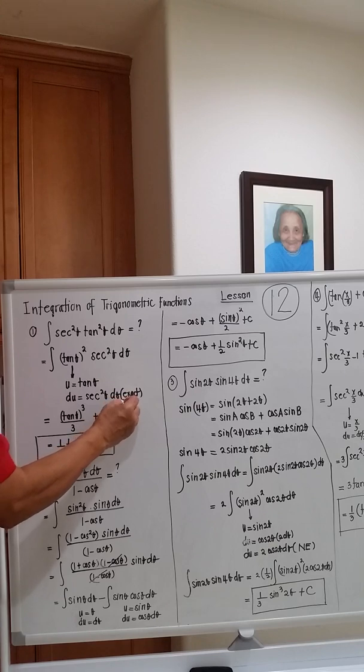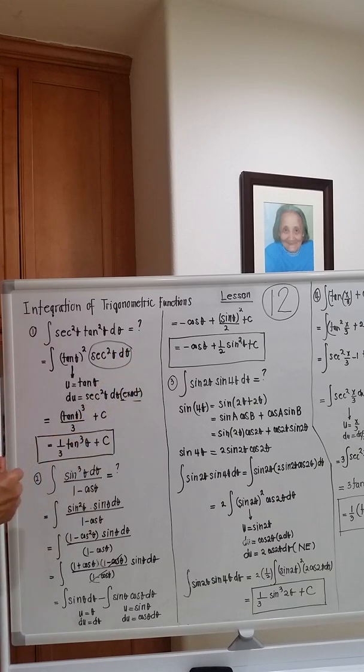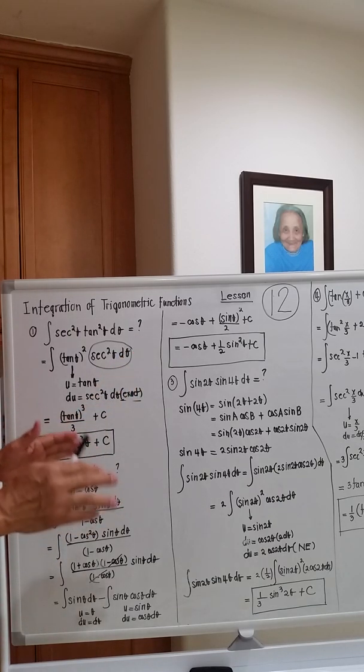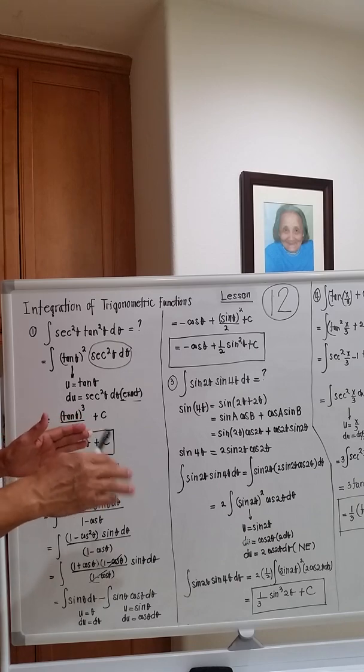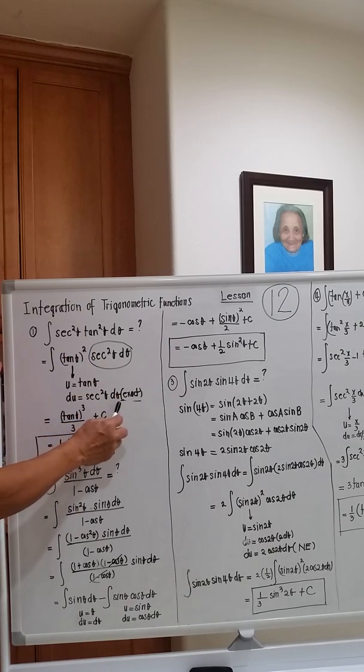It is exact, same as this. So our assumption that the solution is under the power formula was correct, because after the verification, the complete value of du is secant square of theta, differential theta.